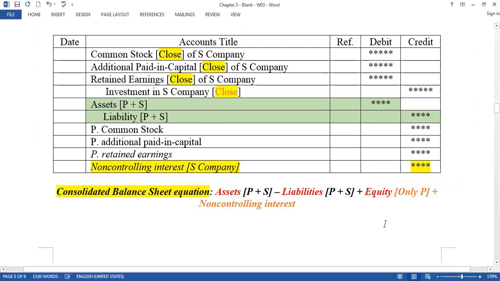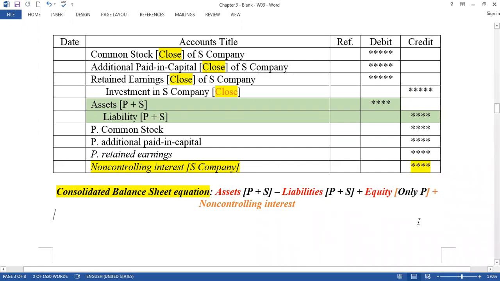When we insert asset, it should be both parent company's asset and subsidiary company's asset, parent company's liability and subsidiary company's liability. Then we don't need to record subsidiary company equity, right? Why? Because asset minus liability is already equity. So which equity do we have to record? We have to record only parent company's equity.